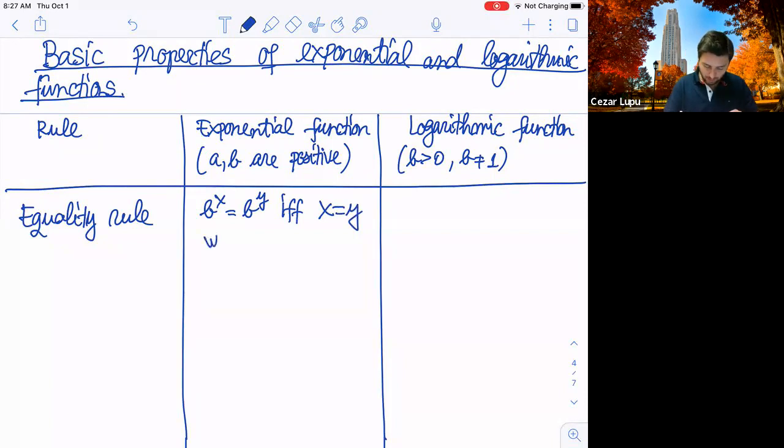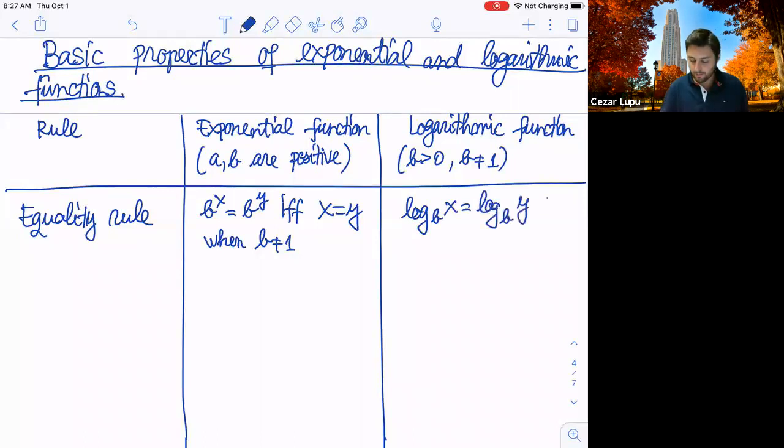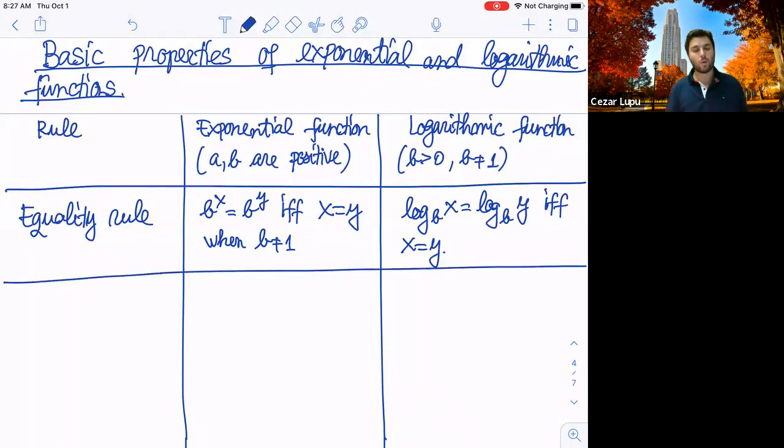This happens when B is not 1. The same thing happens for the logarithm. So we have log in base B of X is the same as log in base B of Y. This happens if and only if X equals Y, right? Okay, so this is the equality rule.